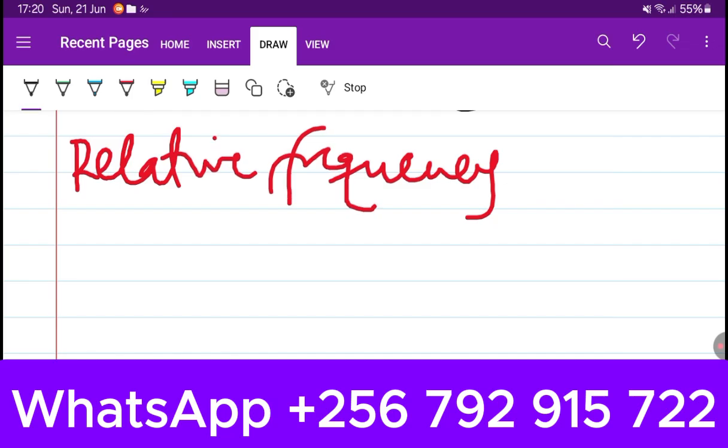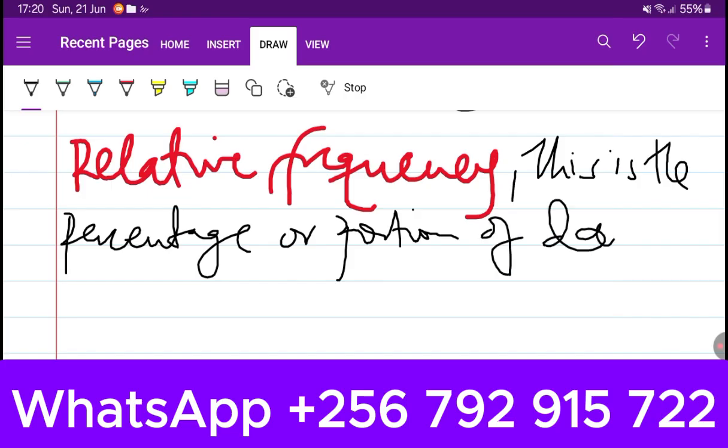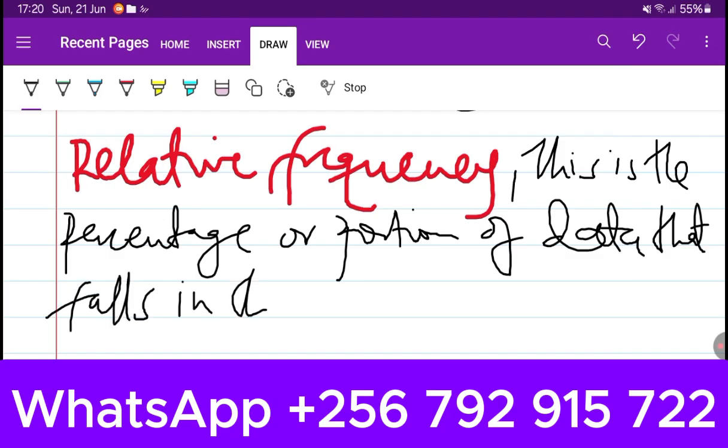Of course, the relative frequency of a class is the percentage or portion of data that falls in that class.